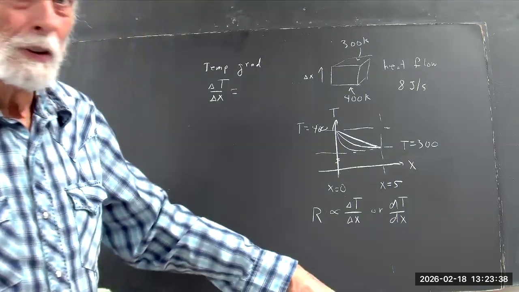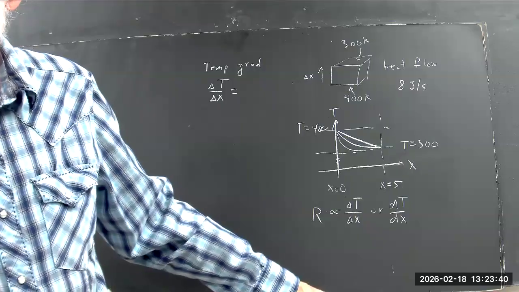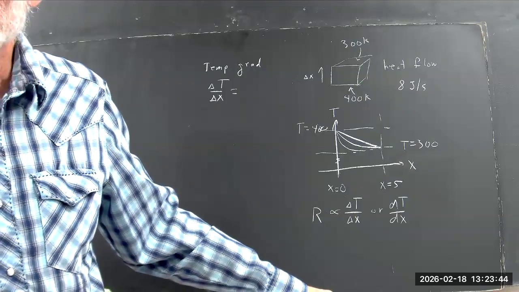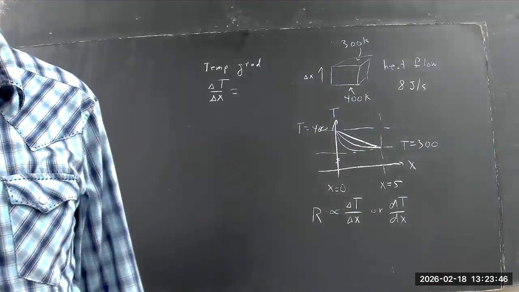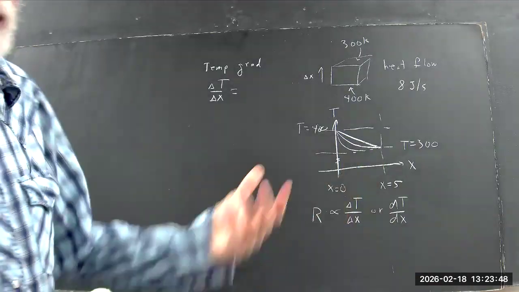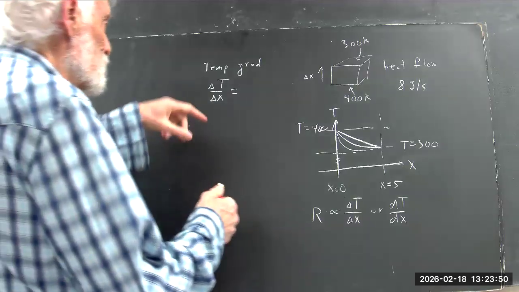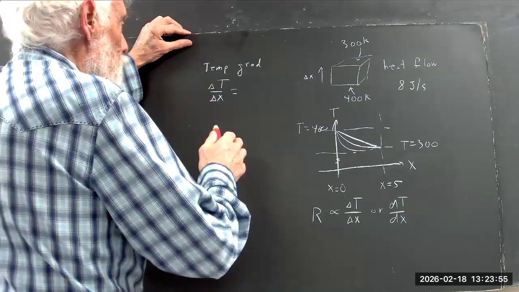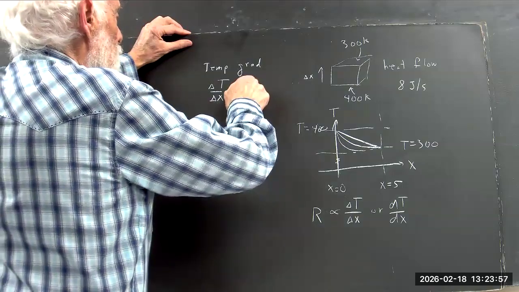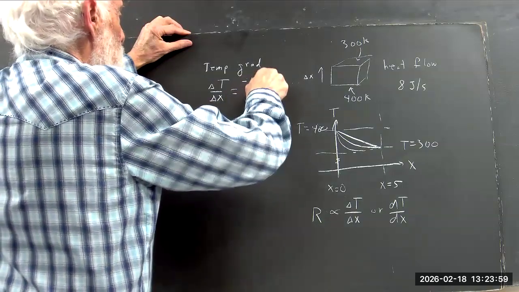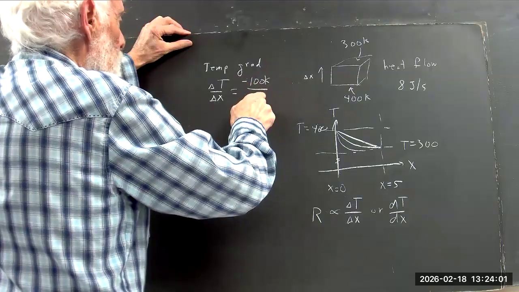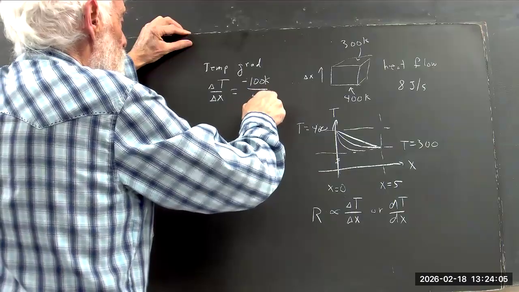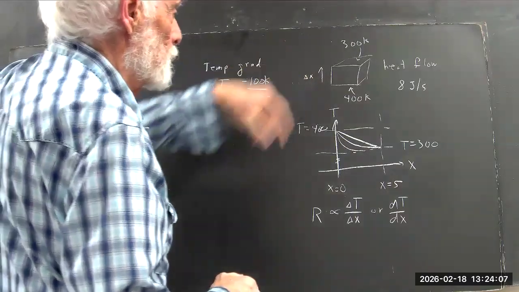And so that looks like about 6 by 4. Then I measured it. That's no big coincidence because these things are in centimeters, so I had a pretty good chance of getting it right, at least a 30% chance. And I lucked out a little bit. Okay, delta T over delta X would therefore be negative 100 Kelvin over the 4 centimeter distance here.